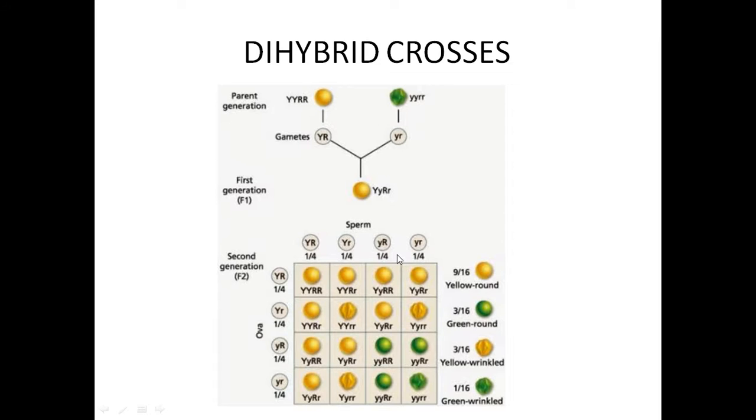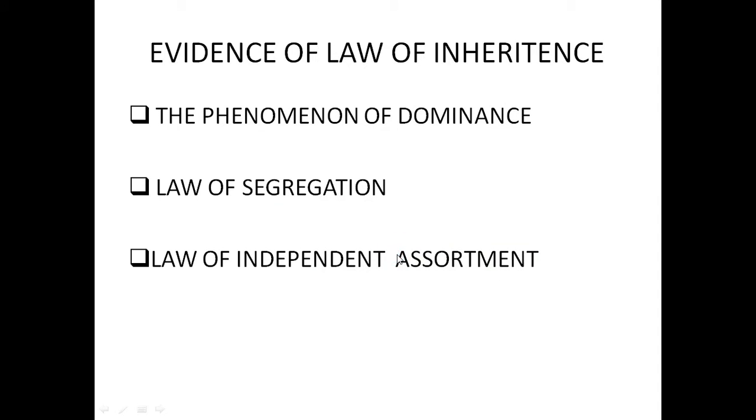So this is about the dihybrid cross. Then we have evidence of law of inheritance. On the basis of the results of his experiment, Mendel recognized the phenomenon of dominance, law of segregation and the law of independent assortment.